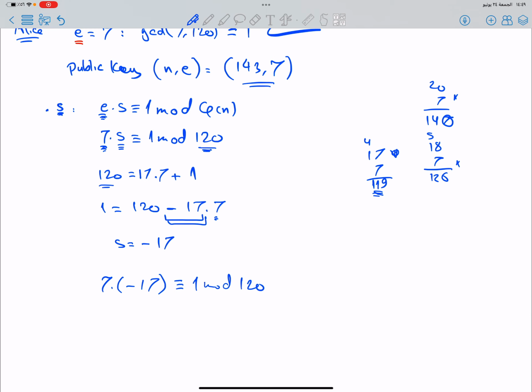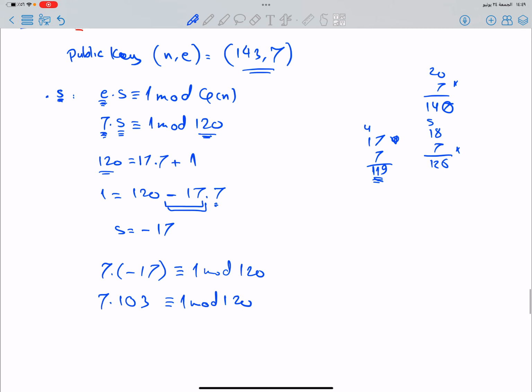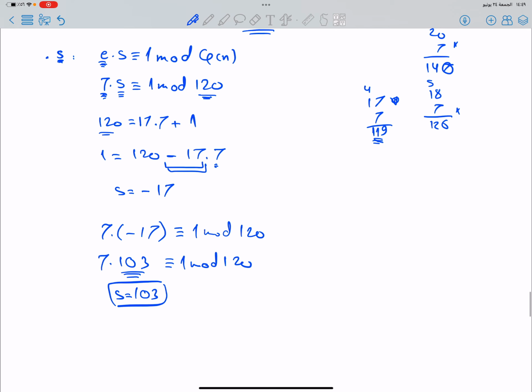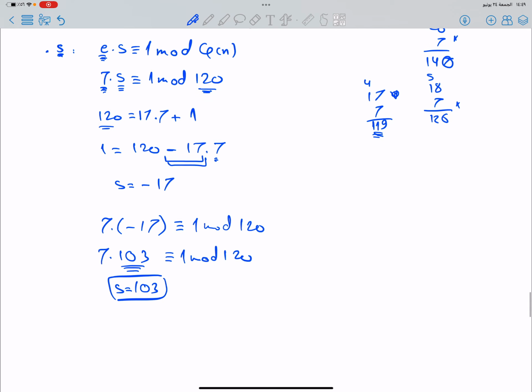We can just take 120 minus 17, which is 103. 7 multiplied by 103 is equal to 1 modulo 120. Then S is 103. This is S. Now we have the secret number.